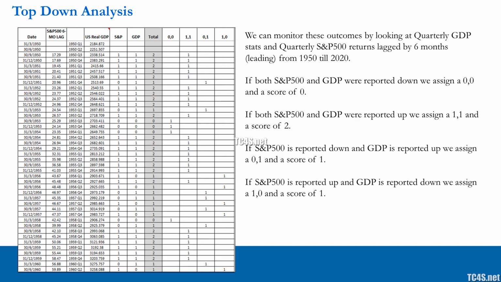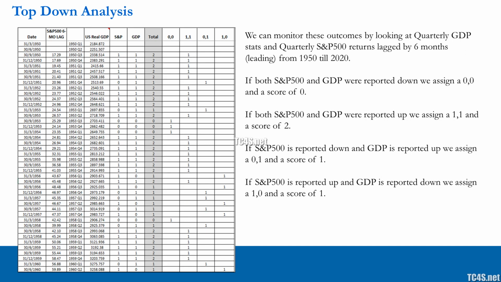Okay, so the GDP number is 2.914 trillion. Now, when we compare that, what happens in Q1 1956? Well, the S&P 500 went up because it went from 41.03 to 43.67, and the GDP number went down. It went from 2.914 trillion to 2.903 trillion.